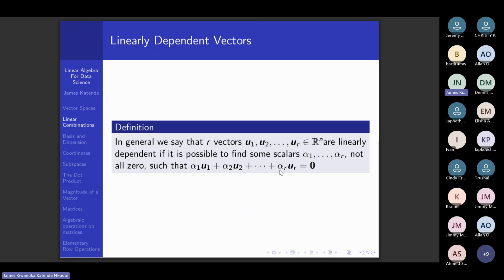If this happens, we say that these vectors u1 up to ur are linearly dependent. So this generalizes the idea of linear dependence to an arbitrary finite set of vectors in Rn.